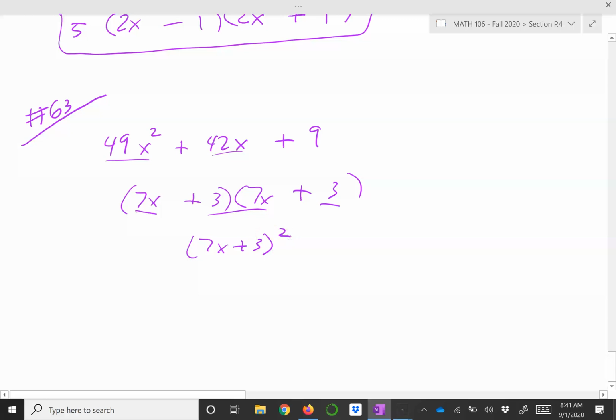Now, if you didn't see that that was a possibility, you solve this just like we've solved any trinomial where we have three things. And this one sucks, right? You have 49 and 9. So when you do 49 times 9, what do you get? 50 times 9 would be 450, minus 9, so 441, right?